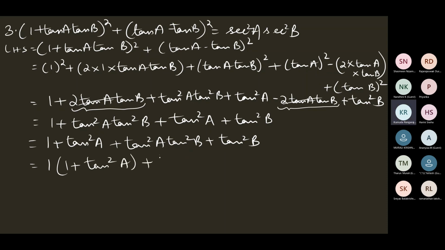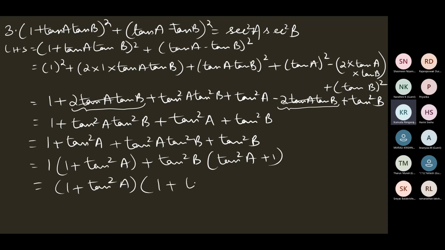Between the third and fourth term, tan square B is common. So you will get tan square A plus 1 in the bracket, the same thing in both. You can write 1 plus tan square A or tan square A plus 1, both are the same, into 1 plus tan square B.